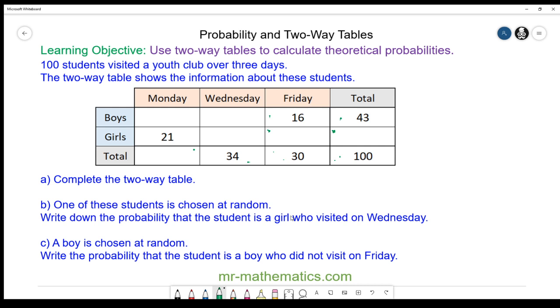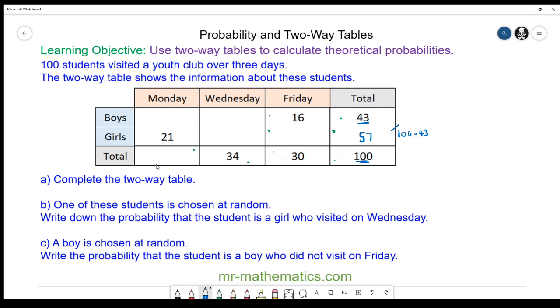Okay, so I'm going to begin just by choice. I'm going to work out this value first. If the total is 100 and there are 43 boys, that will be 100 minus the 43 to make 57. So in total there are 57 girls.